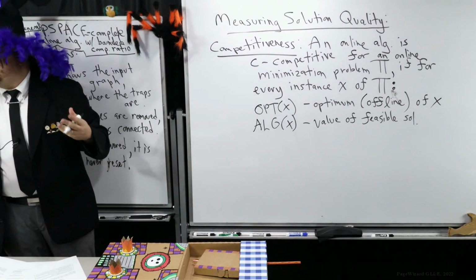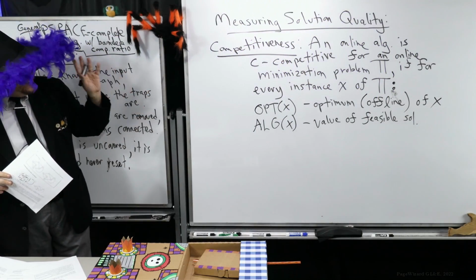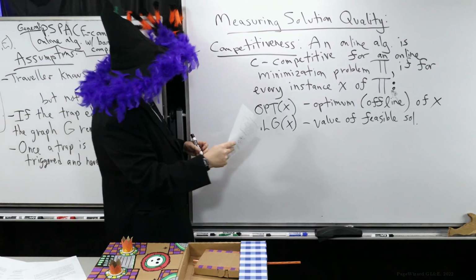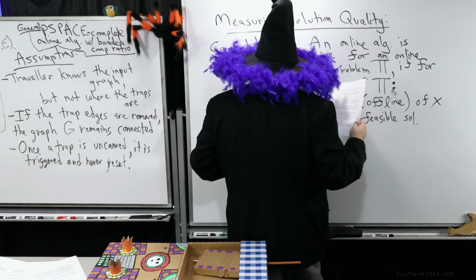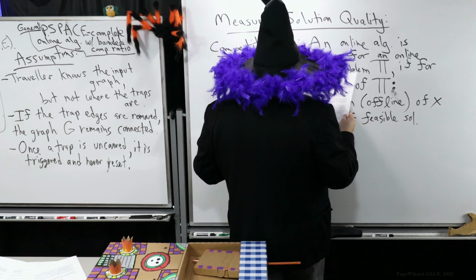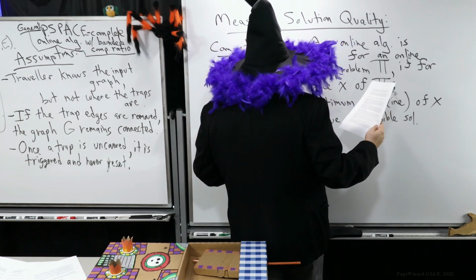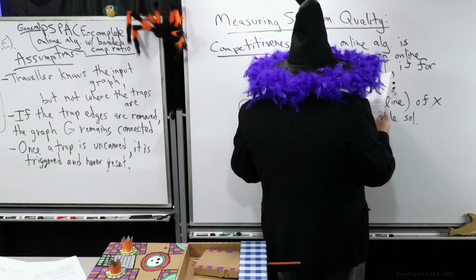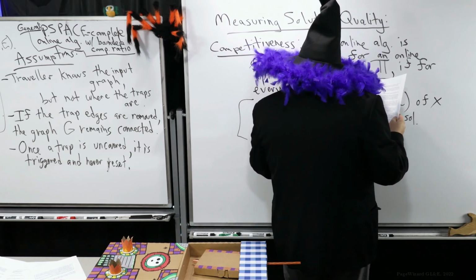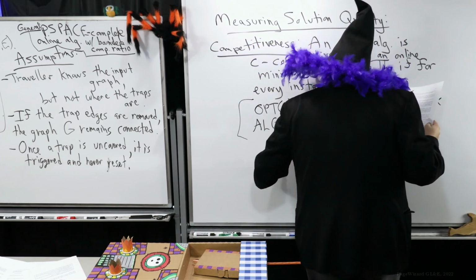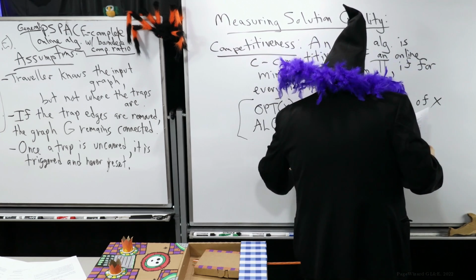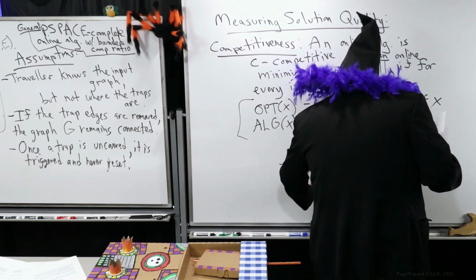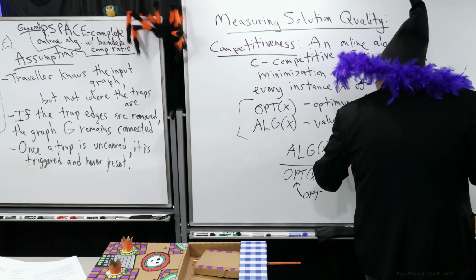So that being said, let me define what this is. If for every instance x of pi, it has to be that alg of x over opt of x, which I'll often write as just opt, is less than or equal to c.